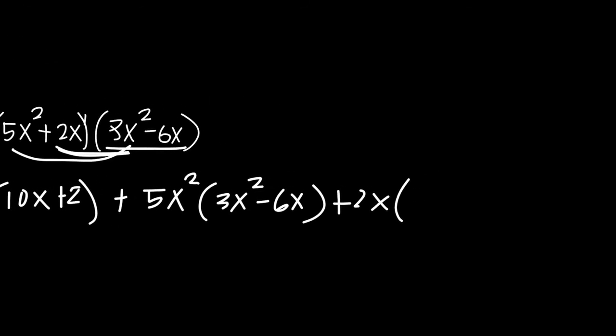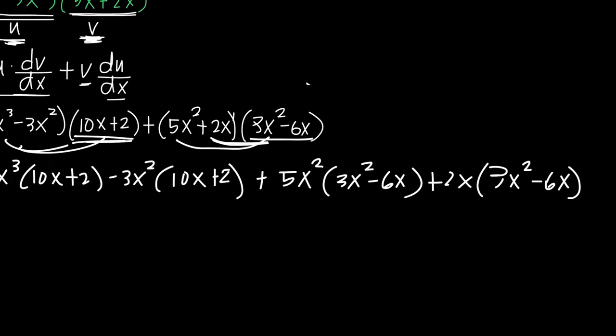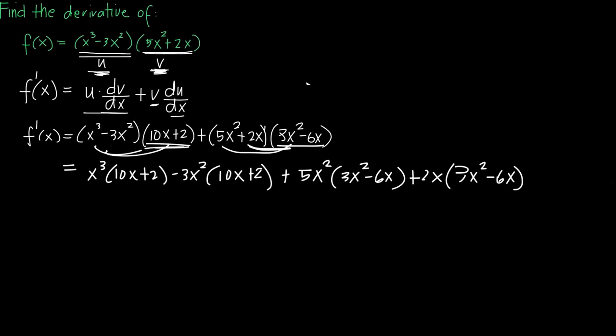And then we have 3x squared minus 6x. So what's happening here is I'm just expanding the derivative expression I found through the product rule. And then proceed.